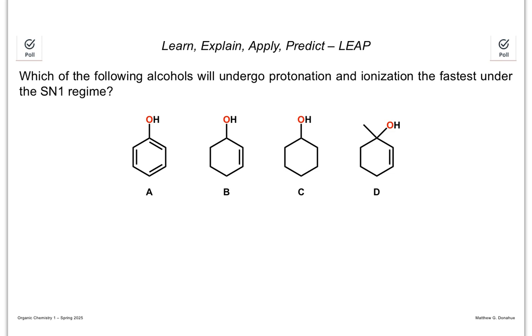So take a look at these 4 alcohols. If they're treated under SN1 conditions, so acid plus solvent, which one will ionize the fastest to a carbocation? What'd you say? D. So D is the correct answer.